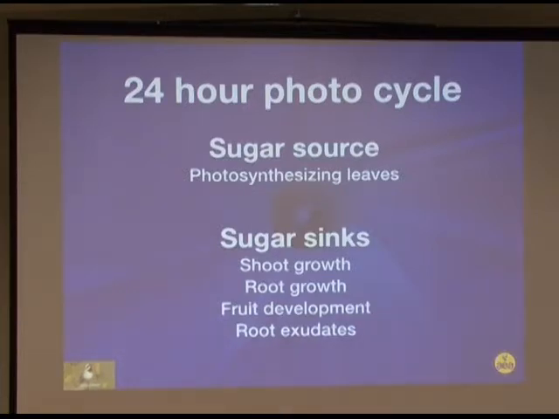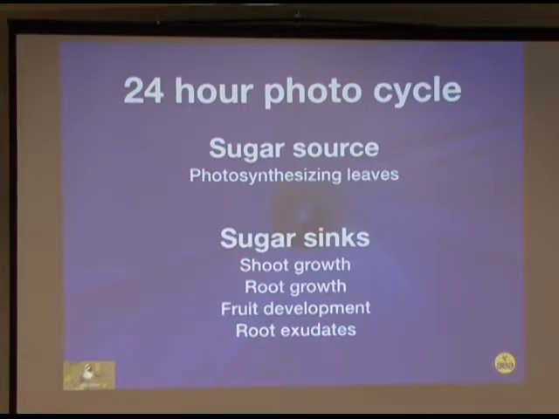Actually, two of these go to the root system. So from 5 to 7 p.m. until about 1 to 2 a.m., all of those sugars should be moved out of the leaves and to the sinks. This is when the phloem transport, this syrupy liquid within the phloem, is moving very actively within the plant structure.